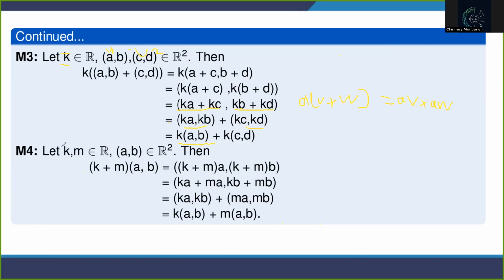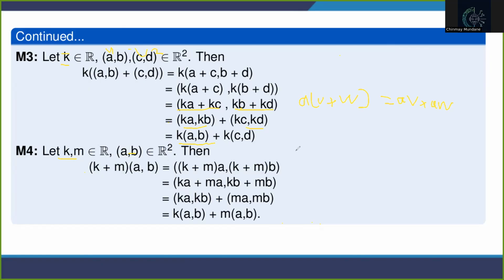Then this is the fourth, M4. There are two scalars and one vector. If you add these two scalars and then multiply by the vector, you'll get the same value as if you had multiplied separately and then combined them into a single one.